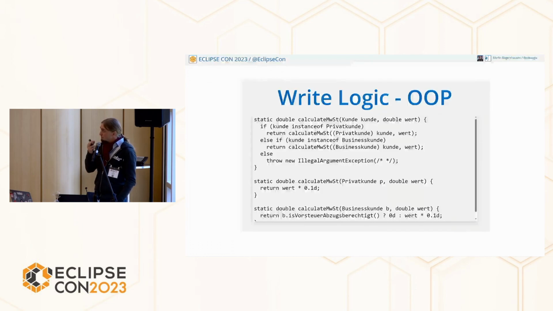Another big problem, if we think about it with a new type, okay, I now have, I don't know, a primary customer or so, and we add them and we think, oh, we need to add an else-if branch here. Okay, let's copy business Kunde, copy and paste, change the instanceof expression, we're done. No, class cast exception, hello. So that's not very great.